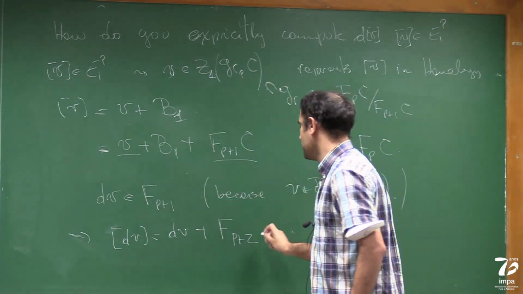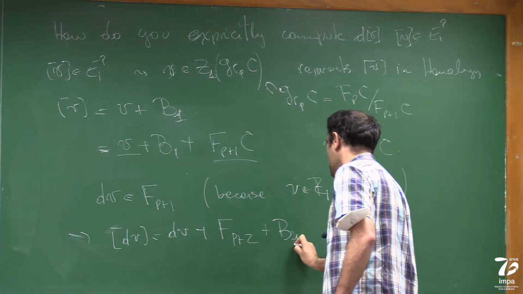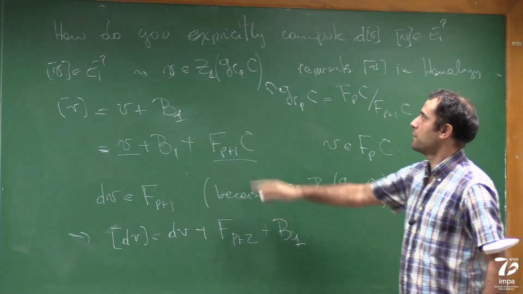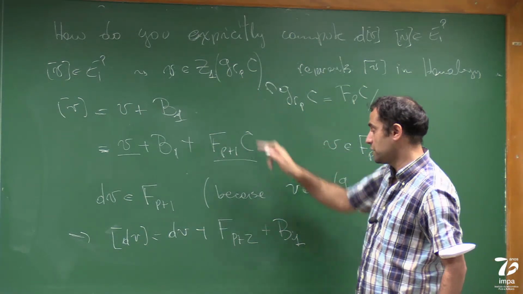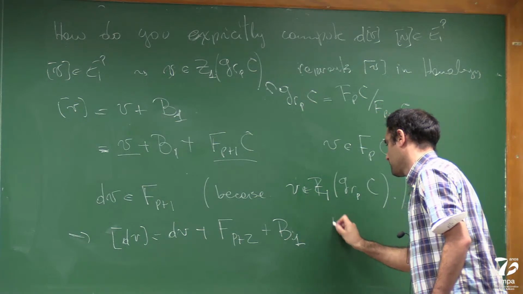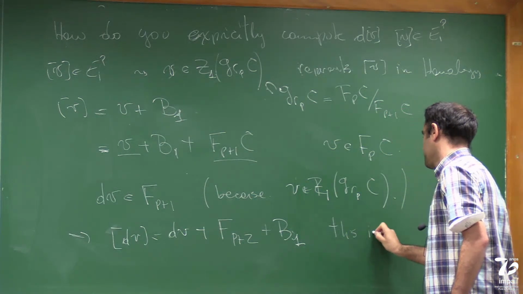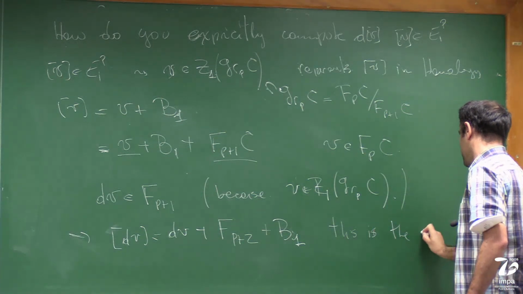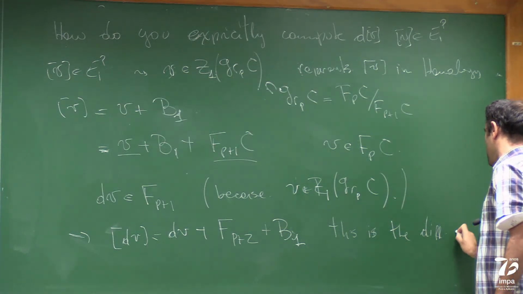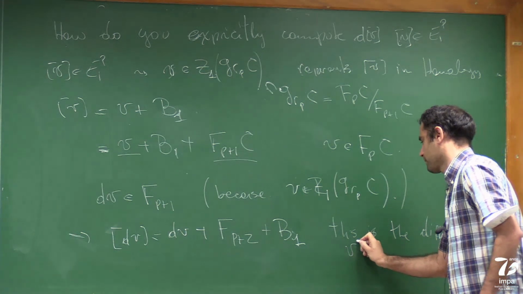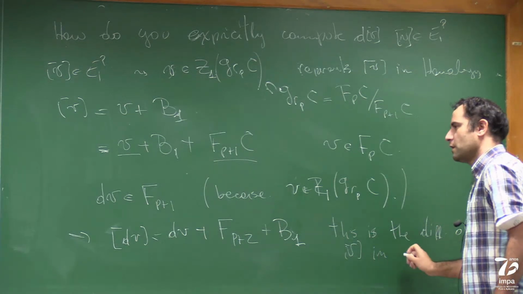And then again, I still have to mod out by B1. That's because I'm passing to this homology. So this is the differential of the class V in E1.